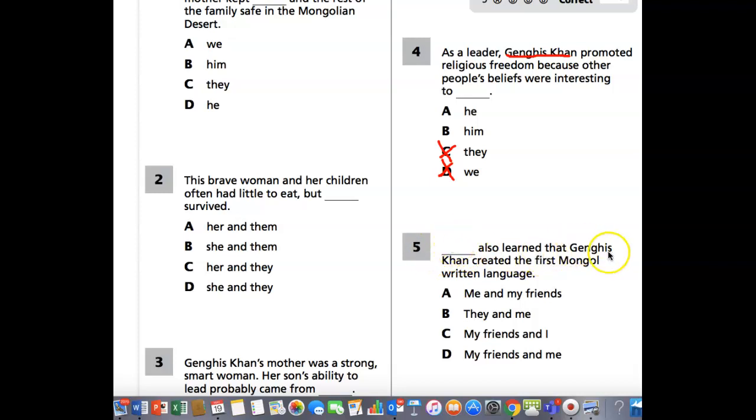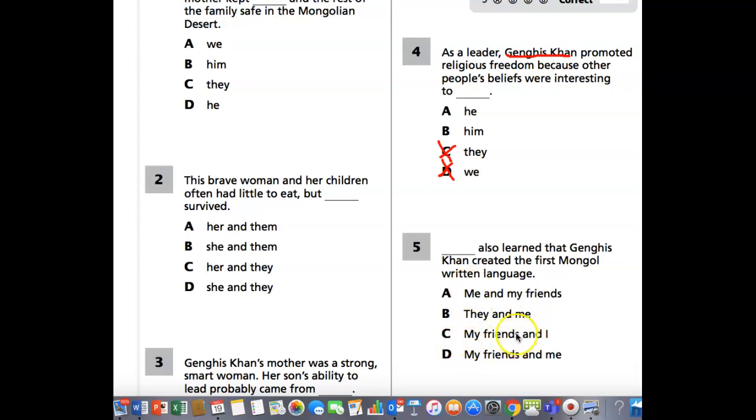And let's look at this one. Blank also learned that Genghis Khan created the first Mongol written language. All right, so here's my hint on doing this. You can take each one of these and put them in there. Me also learned that Genghis Khan created the first Mongol written language. My friends also learned. Well, my friends might make sense, but me doesn't. So they learned, me learned. So you see, you're taking each one.